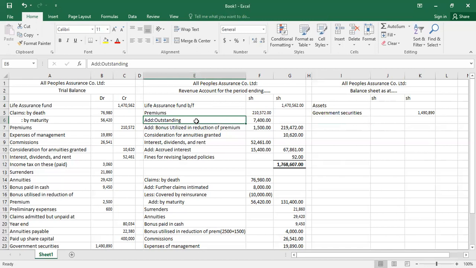Let me pick the outstanding premiums. But in this case, we are deducting. Kindly note that when we go to the balance sheet, we are going to less the outstanding, these are outstanding premiums.